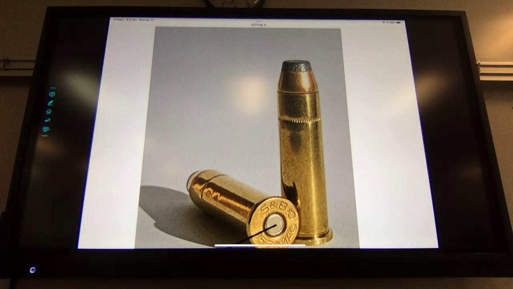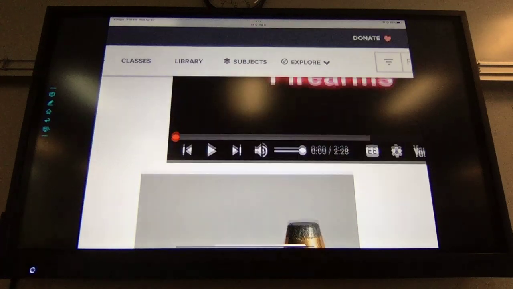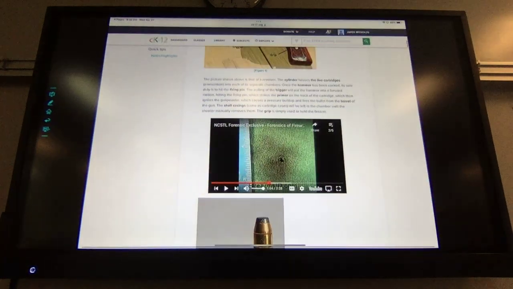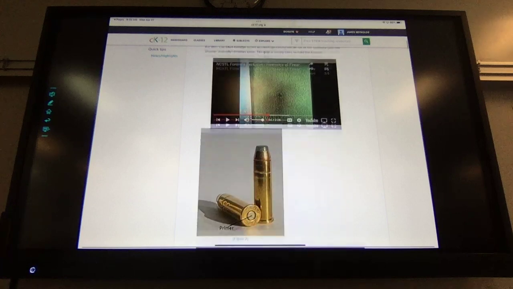So a lot of times the casing is left right there at the crime scene because the cartridge is not left in the gun. It usually is going to be ejected automatically by 2 mechanisms, and we're going to talk about that. And these are the marks that you're looking at.